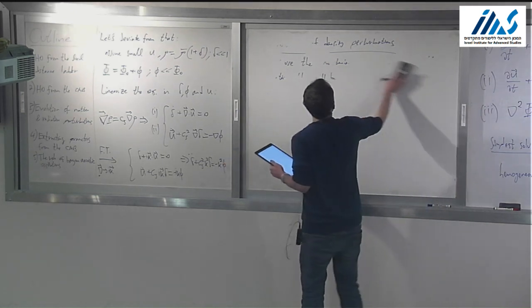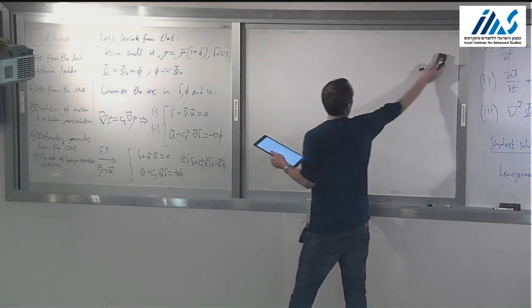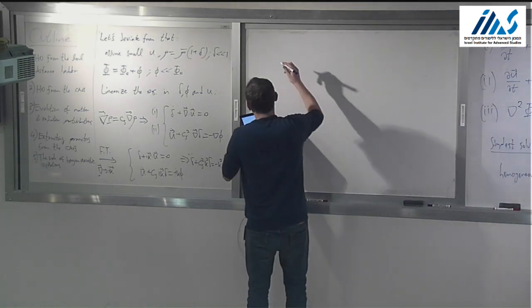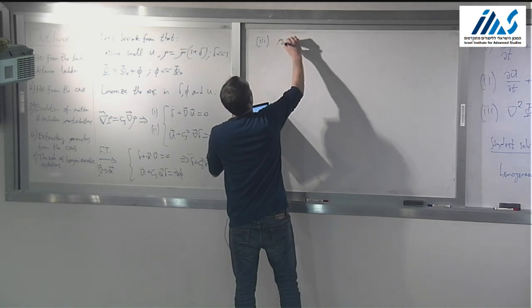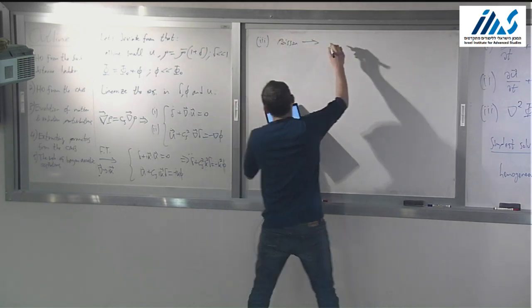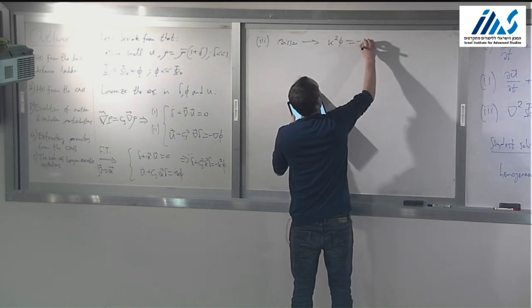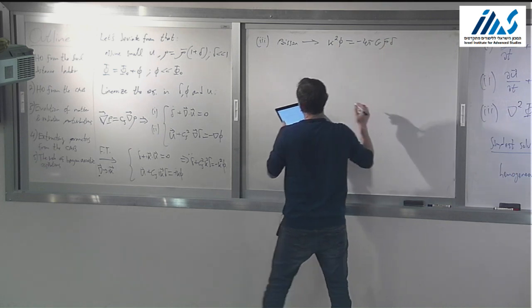I'm not done though, because I've used the equation of state, the Euler equation and the continuity equation, but I haven't used the Poisson equation yet. So doing the same to the Poisson equation, I will get k squared phi equals minus 4 pi G rho-bar delta.